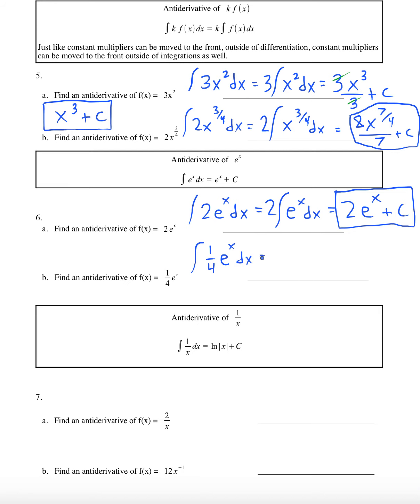That's the notation we want to use. Pull our 1/4 out. And now we just want to get a formula for this integral of e to the x dx. And it's just itself plus c. And that's the answer.